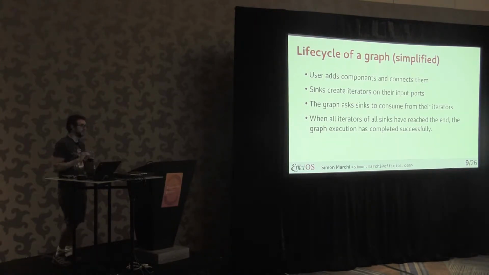And when it has no more messages to send, it will reply with end, a bit like when you read a file and reach EOF. It replies, I have nothing more to give to you. That will tell all the iterators downstream, it's finished, it's finished, it's finished. And once all the upstream iterators are done, it means the graph has successfully executed, and we're done converting.